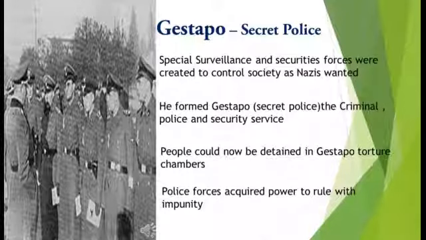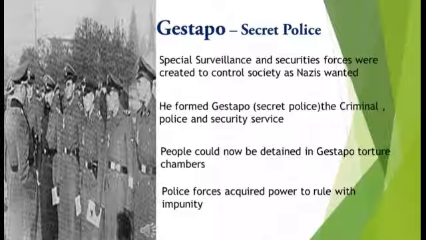wanted. Apart from the already existing regular police in the green uniform and the stormtroopers, these included the Gestapo, the secret state police, and the SS, the protection squads, criminal police, and security service, SD.